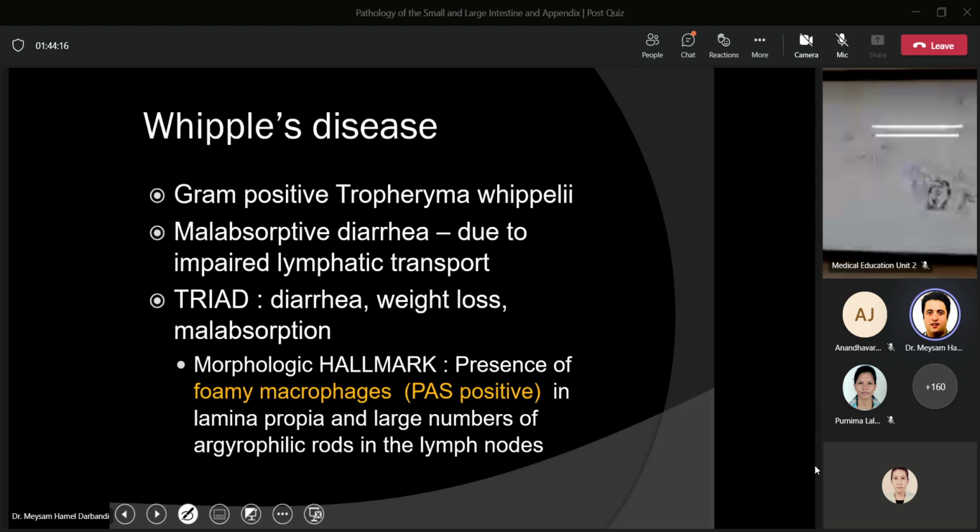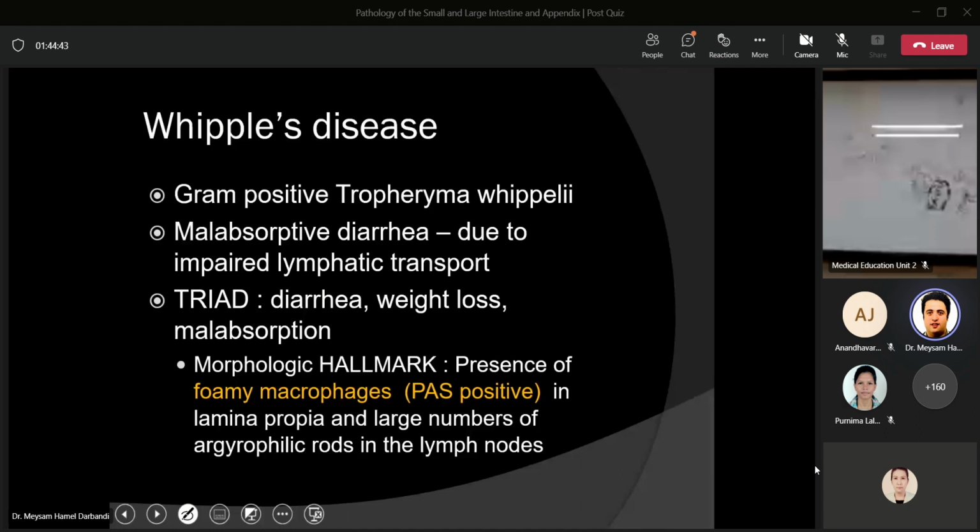Partially destroyed organism, because what happens in this disease, the macrophages eat this organism but cannot kill it totally. So when it cannot kill it, part of this organism is left. That's why they call it partially destroyed organism present in macrophage lysosomes. That's why it's positive for PAS test.